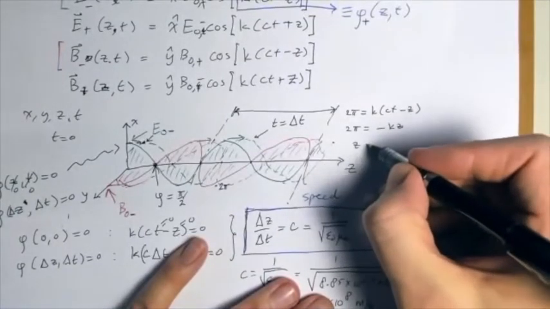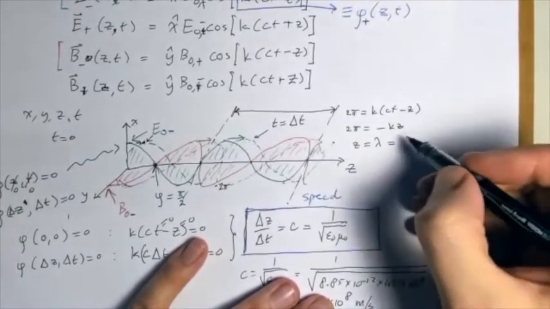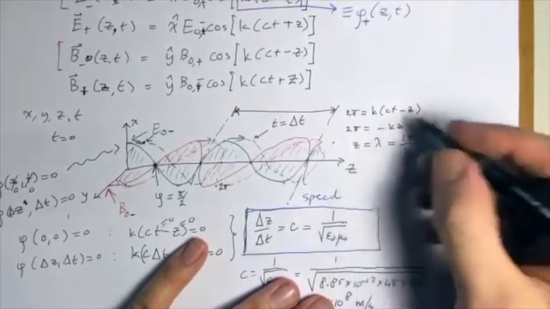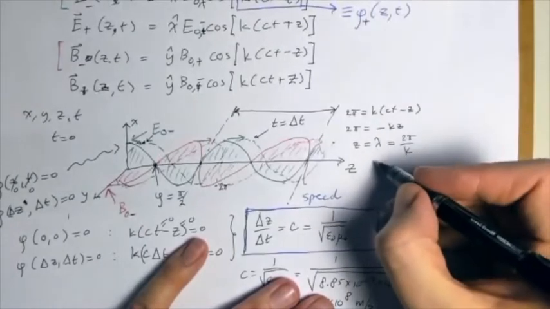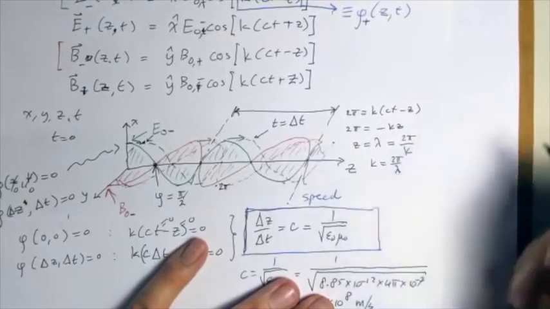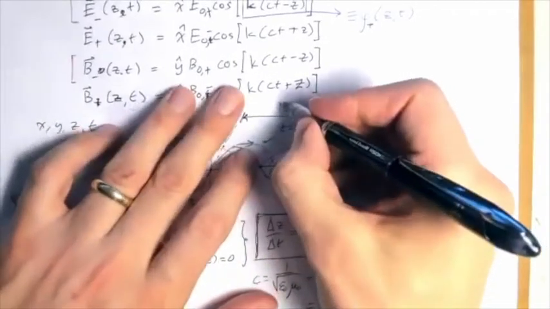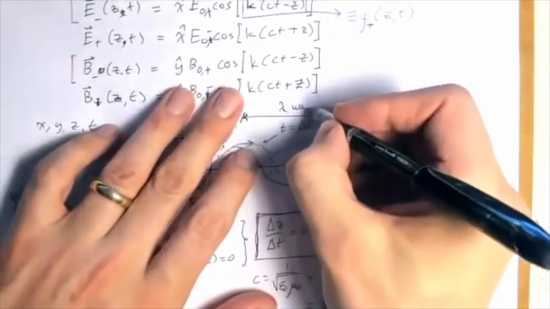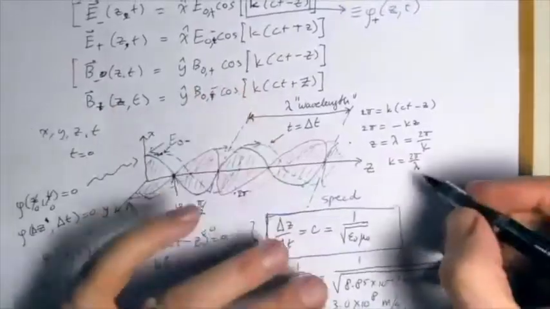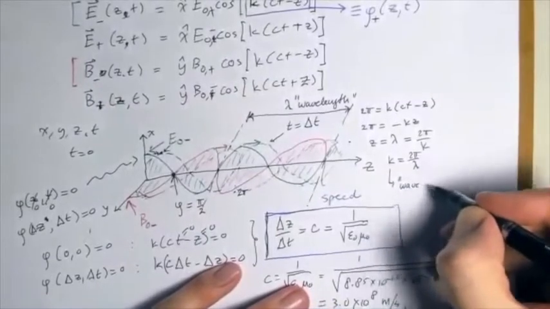So that is what we call z is lambda, and that means that is 2 pi over k. I'm throwing away the minus sign because we can, and k is 2 pi over lambda. So that's the wavelength, and k is the wave number.